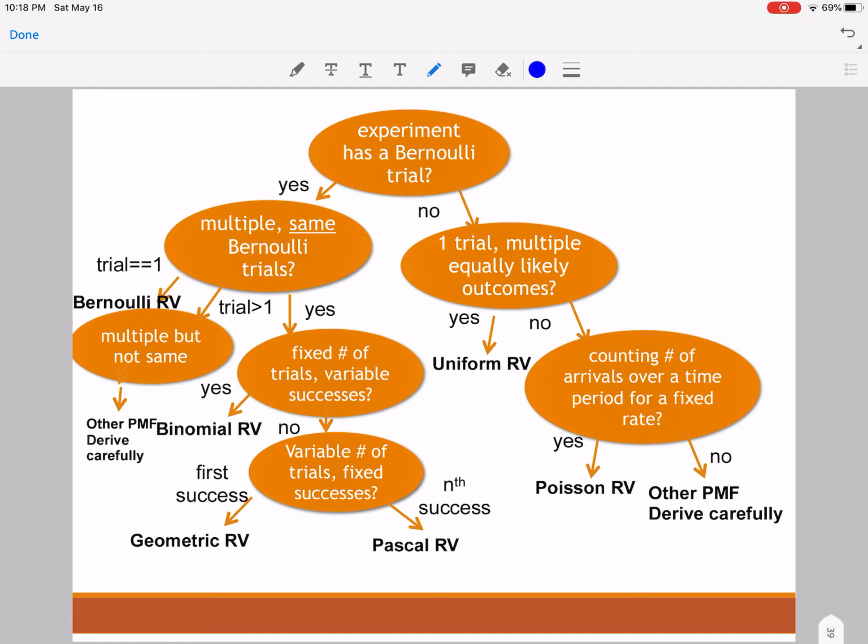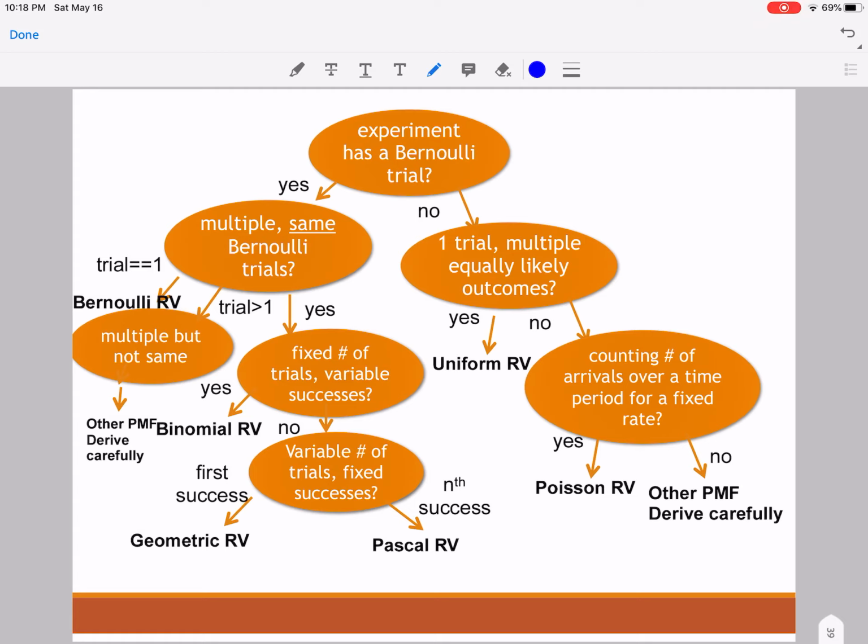In general, whenever you are presented a discrete random variable problem, you can always use this flowchart as a guide as to what to perform, or whether you can use any named distribution or named discrete random variable. For example, ask yourself, does my experiment have a Bernoulli trial? If yes, then how many Bernoulli trials are there?